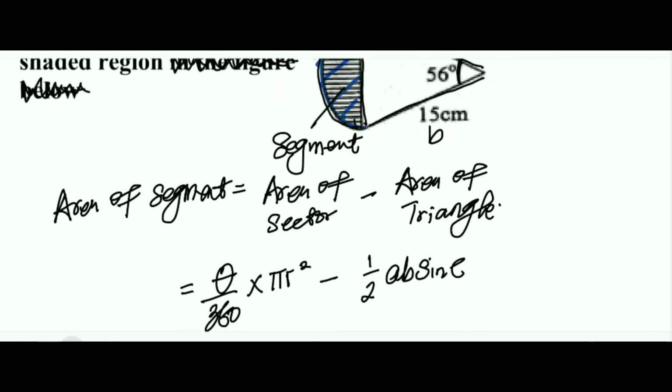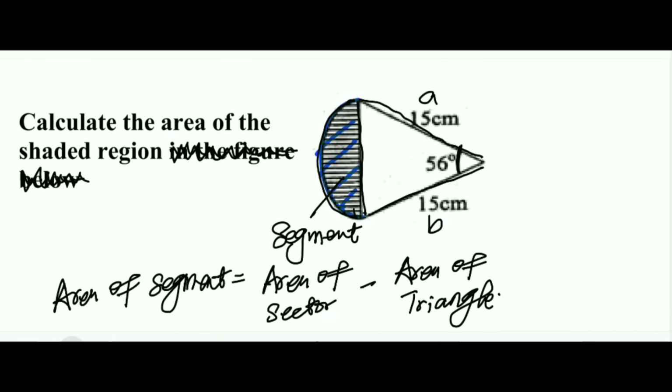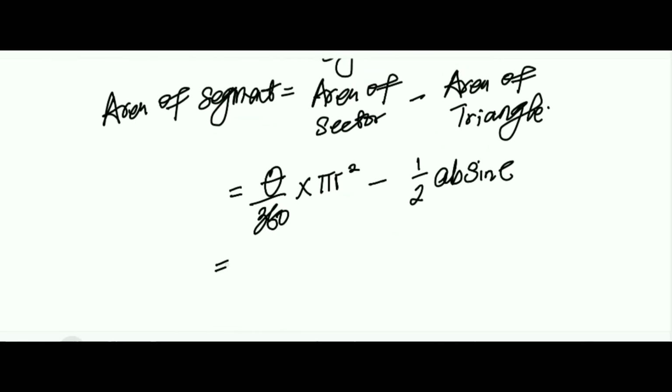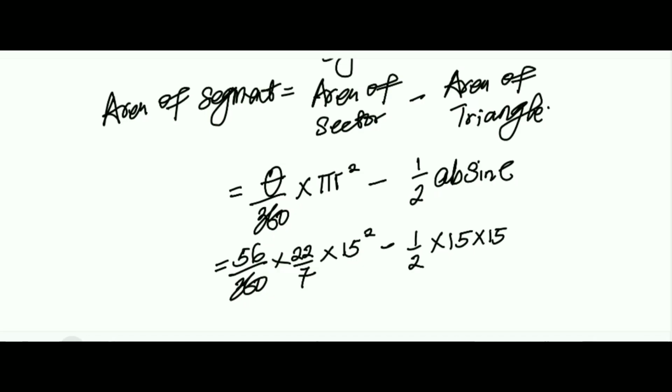My radius is 15 centimeters. Remember I told you that this diagram was cut out of a circle. So I have 56 over 360 times pi. I'm going to use pi as 22 over 7, times 15 squared, minus 1 over 2 times 15 times 15 times sine 56.